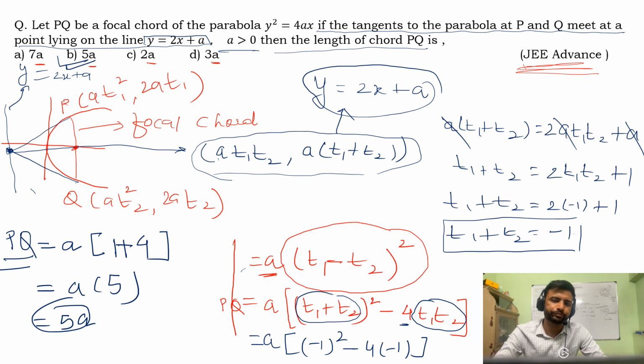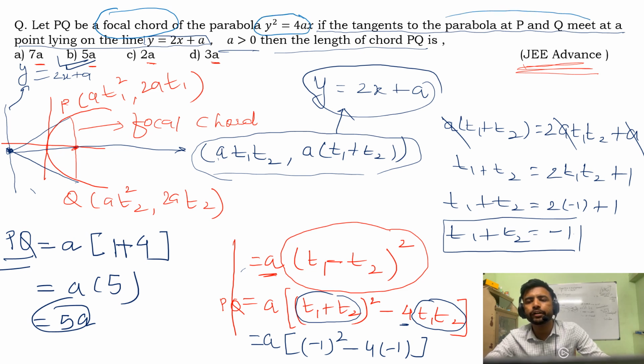So see here, we have four pieces of information with us. First of all, we have the focal chord, the equation of the parabola, the tangents meeting at a common point, and the equation of the line which passes through the point of intersection of two tangents.